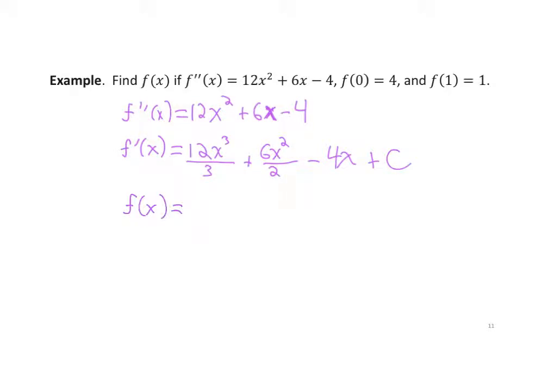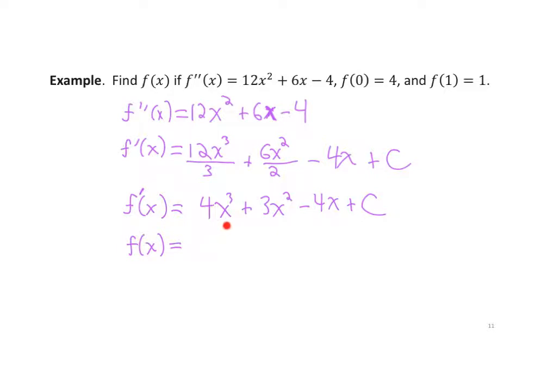But actually, before we do that, I want to simplify my f prime of x a little bit. I should write it as 4x cubed plus 3x squared minus 4x plus c. Okay, now we're going to anti-differentiate f prime of x, which will give us f of x.